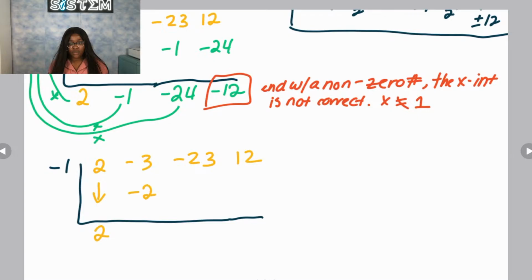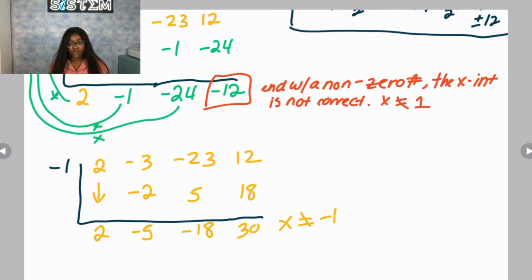You add down, you get -5. -5 times -1, you'll get +5. -23 plus 5 is going to be -18. And then -18 times -1 is +18. And then 18 plus 12 is 30. So that means x cannot be -1 either.